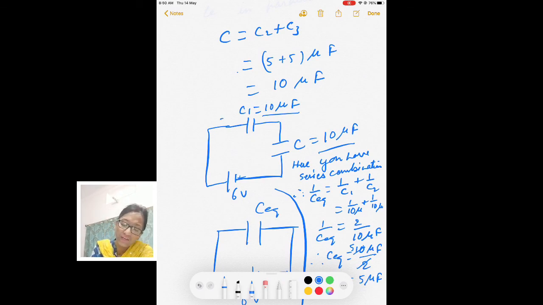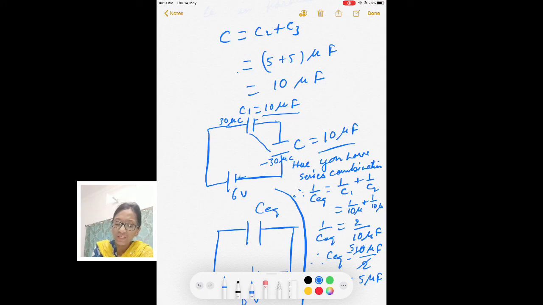If you give 30 microcoulomb here plus Q charge, on negative plate you will have minus 30 microcoulomb, and this neutral part will divide its charge in two parts because of force of attraction.